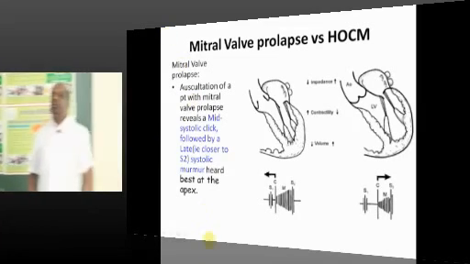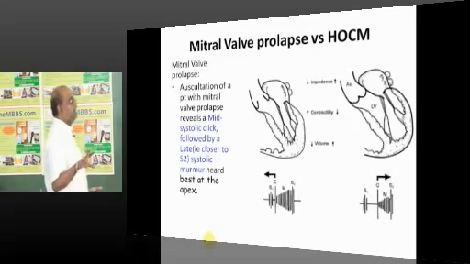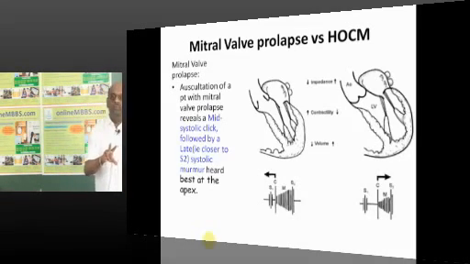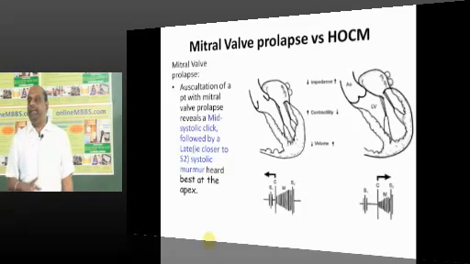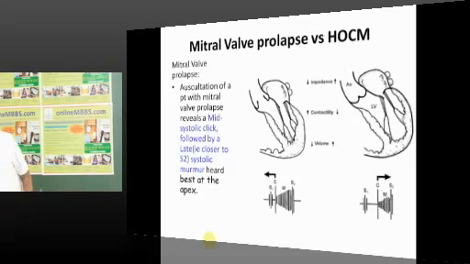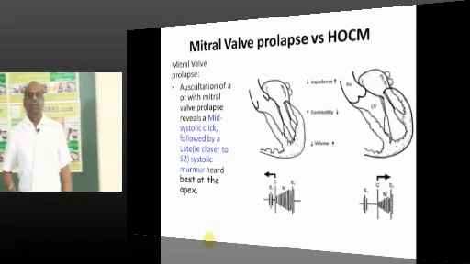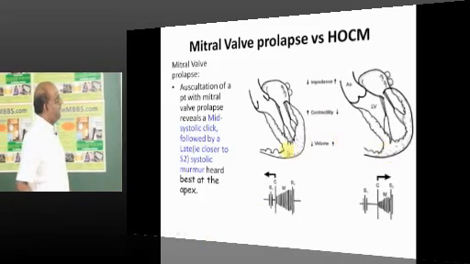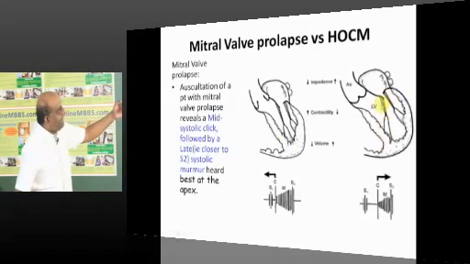Now let us talk about two very closely related important differential diagnoses. MVP versus HOCM. They are the two important entities where you need to know the difference. In mitral valve prolapse, what's happening? The chordae tendineae are holding the mitral valves, right? From where are they arising? The left ventricle.